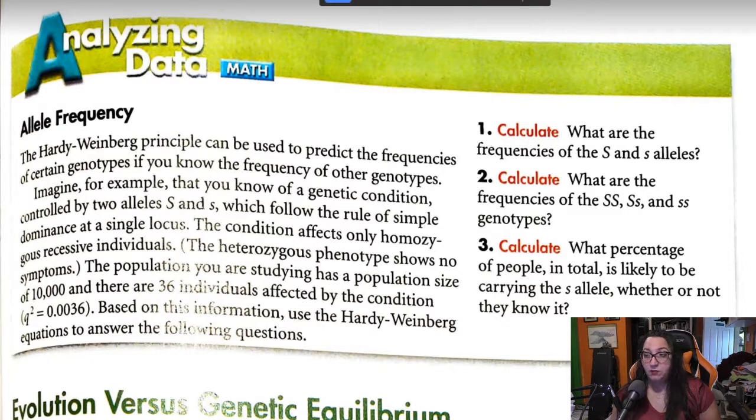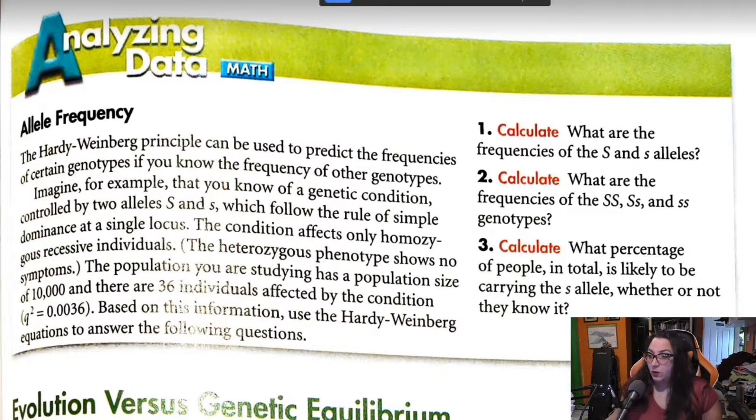So if they have big S, little s, they don't show symptoms of the disease, okay? The population you're studying has a size of 10,000. There are 36 individuals affected by the condition, meaning there are 36 individuals out of 10,000 that have that little s genotype.